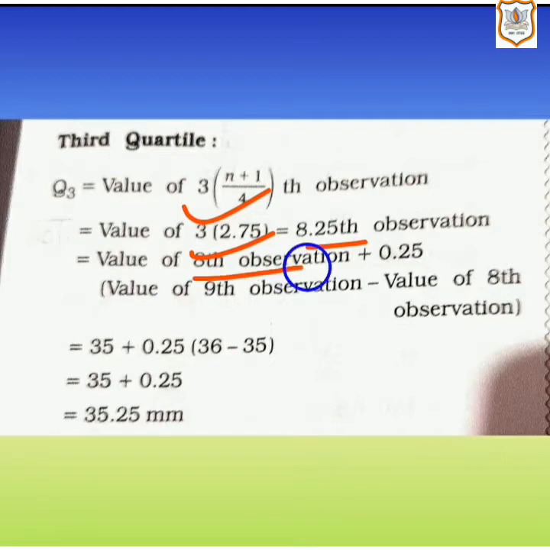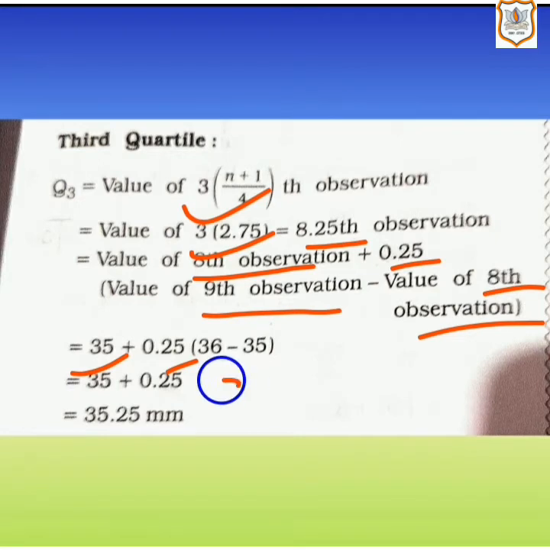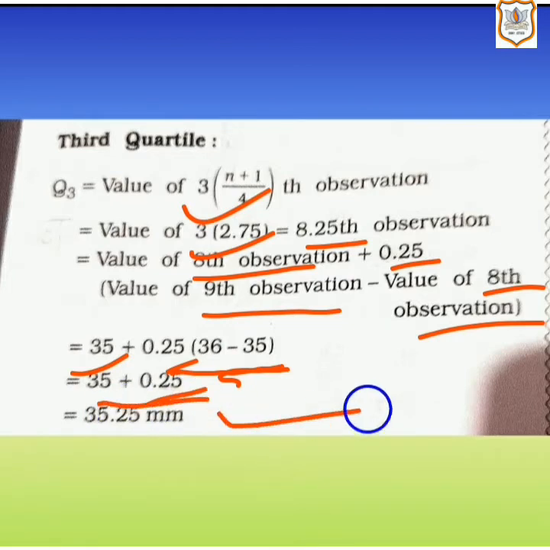So the value of the 8th observation is 35 plus 0.25 multiplied by the value of the 9th observation minus the value of the 8th observation, that is 36 minus 35, which gives 1. So 0.25 multiplied by 1 will be 0.25. So 35 plus 0.25 will be 35.25 mm. So the third quartile is 35.25.